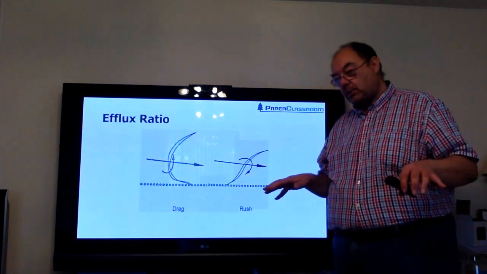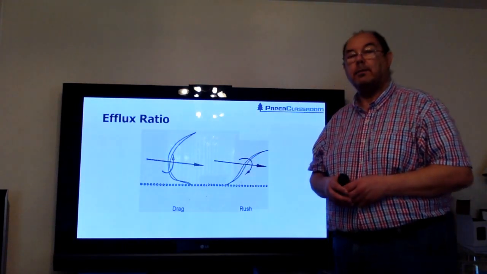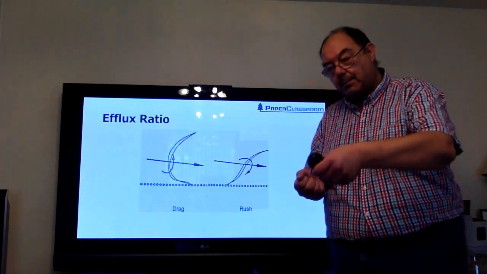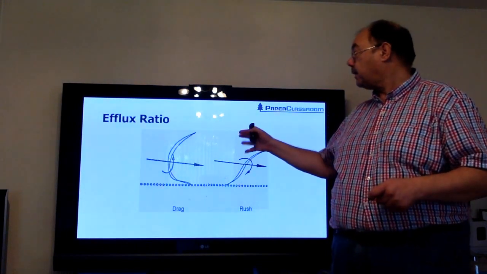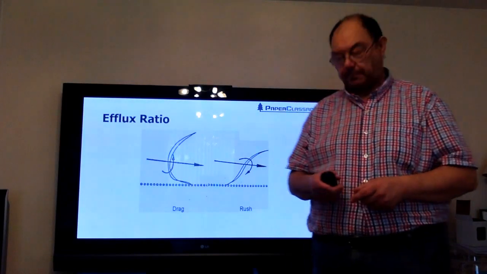So the fibre alignment distribution will be a lot more random. So the strength in the cross direction is very likely to be the same as the strength in the machine direction. And so you'll have a much more square sheet, as we call it.